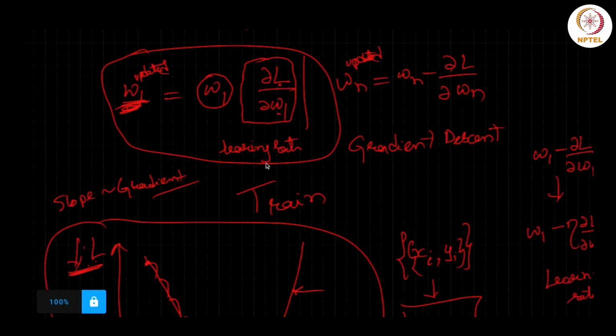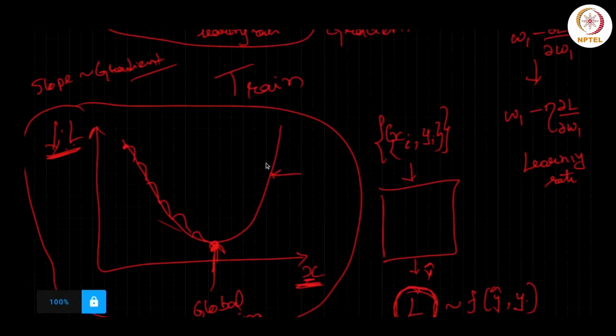So learning rate modulates how small or big a step you are taking. If eta is very large, you're taking bigger steps. You started here, you take a big step and you end up here. You take another big step, you end up here.